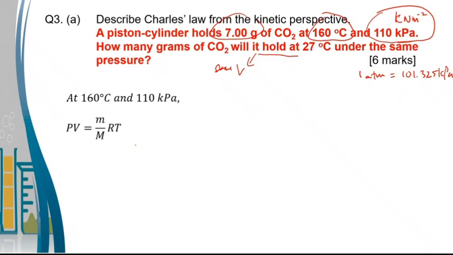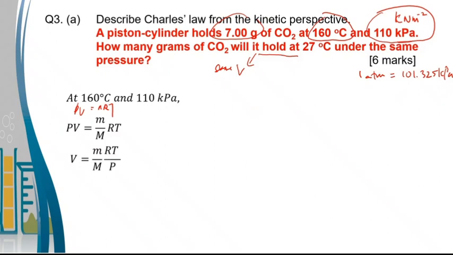Using PV equals nRT, the ideal gas equation, the number of moles is mass over molar mass. So we can manipulate the ideal gas equation in order to get the volume.